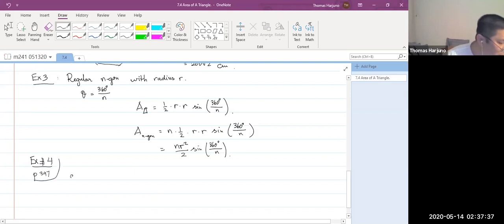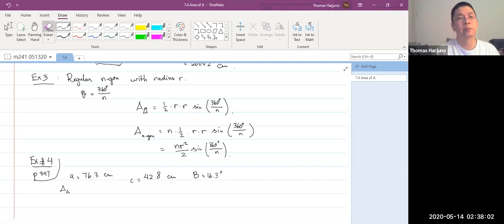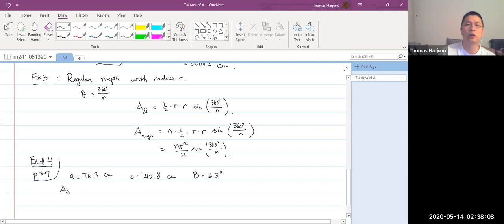That says that A equals 76.3 centimeters, C is 42.8 centimeters, and then B is 16.3 degrees. Find the area of such a triangle. Okay, I'll give you 2 minutes maybe. Write down the formula first and then plug in numbers, then compute. That's how you do it.